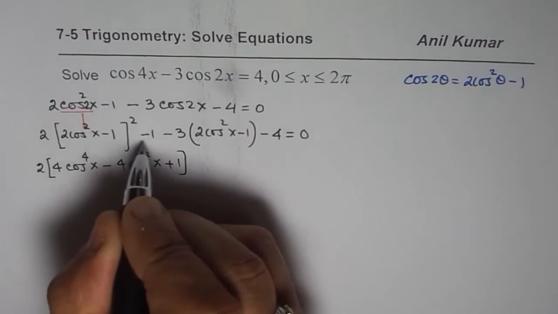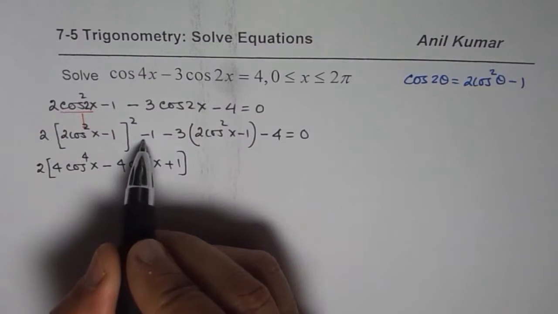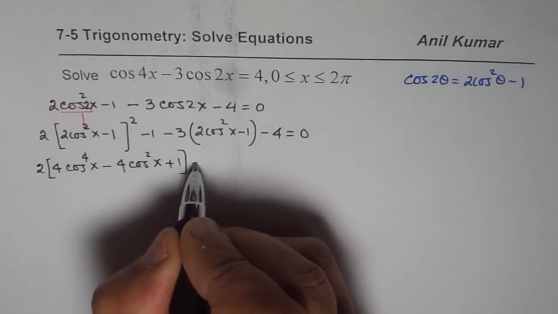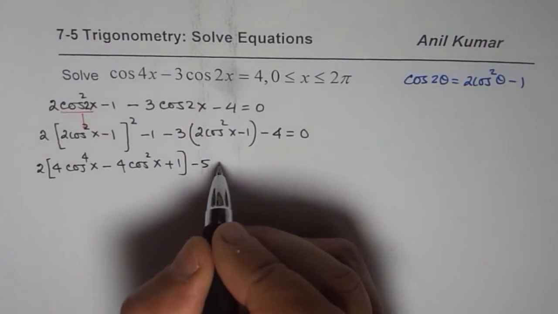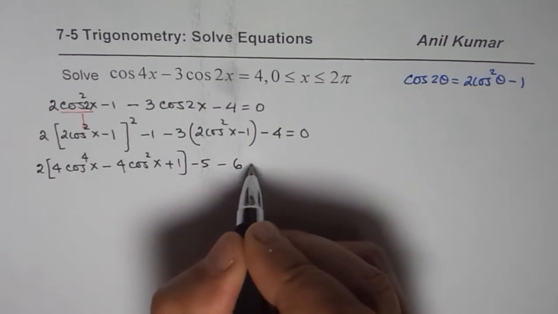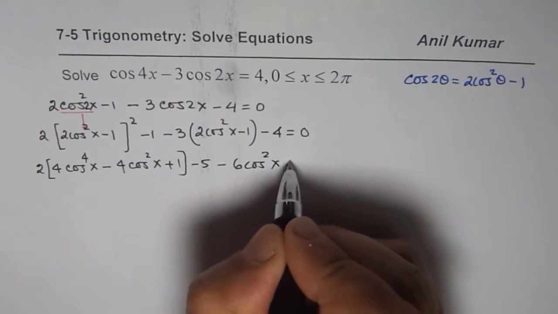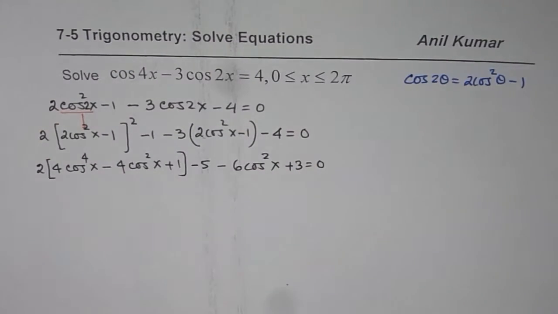So that is the first term. Here we can combine minus 4 and minus 1, which gives me minus 5. And then I'll open this bracket, which is minus 3 times 2 is minus 6 cos square x, and minus minus becomes plus 3 equals 0, correct?